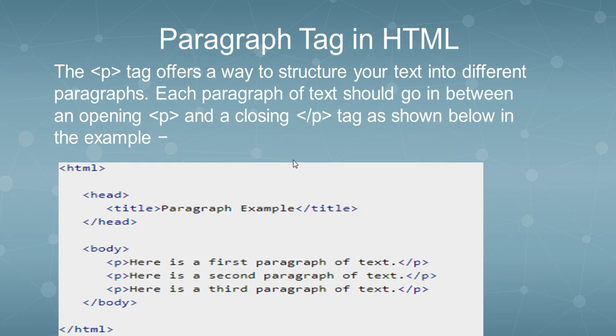We can encode a paragraph with the help of the paragraph tag, that is angle bracket open P and angle bracket close P. Here is HTML, head, title, you can see the example. It is also a container tag. Head is closed, body starts, and we have written some paragraphs: first paragraph, second paragraph, third paragraph. All these lines are considered as three different paragraphs.